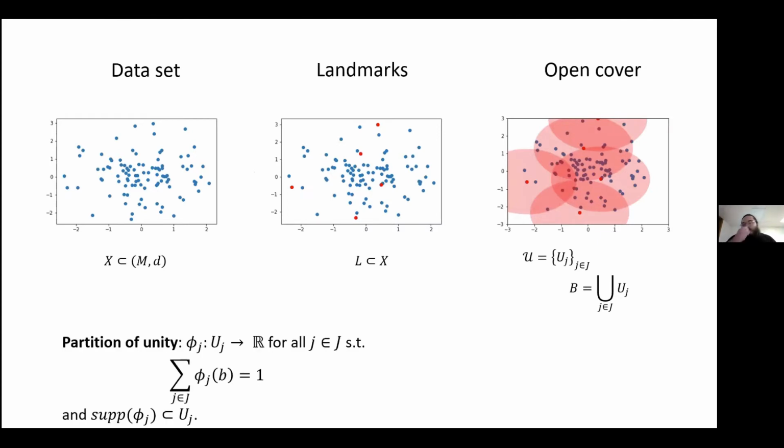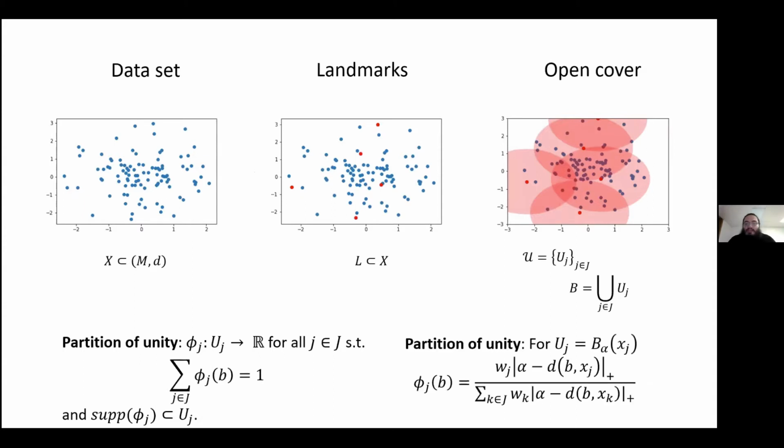On top of that, we're going to need partitions of unity subordinated to this specific cover. Since I'm mainly interested in computing things, I'll need to provide a specific partition of unity. This is an explicit example of a partition of unity that you can compute.